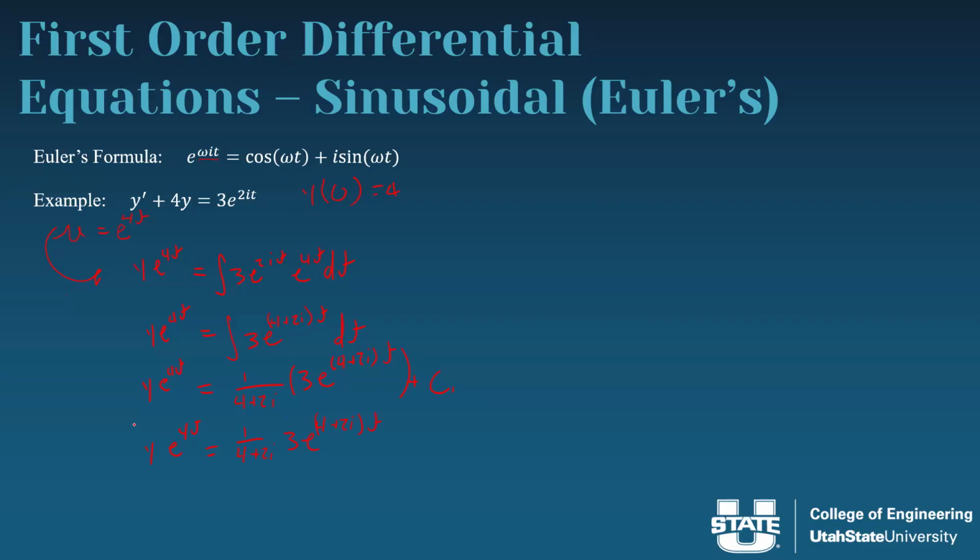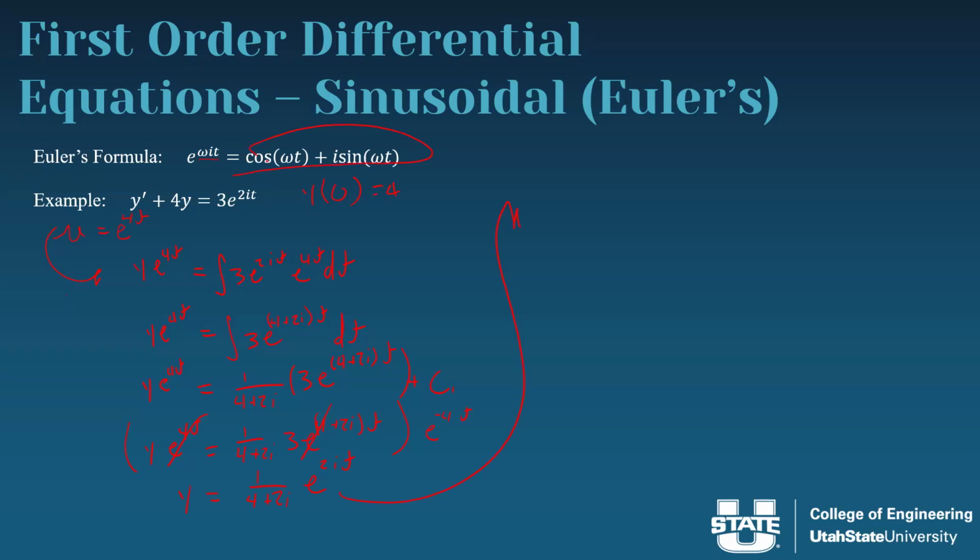Now we're going to multiply by e to the negative 4t, and that will get rid of these terms. So then we'll have y is equal to 1 over 4 plus 2i e to the 2it. And this is what we want to turn into trig. We want to use Euler's formula to turn it into trig.